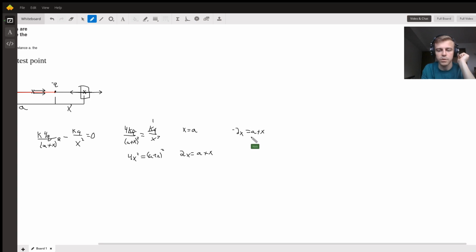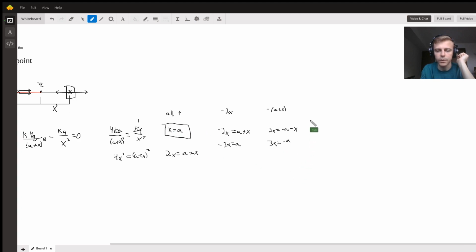This doesn't work because when we subtract the X, we get negative 3X equals A. Then if we assume we have a negative A plus X, which is the whole right side, then we get 2X, which is positive now, equals negative A minus X. We add that over, we get 3X equals negative A. So once again, these don't make sense because we're not allowing negatives to occur. This one does make sense. This is our potential answer.